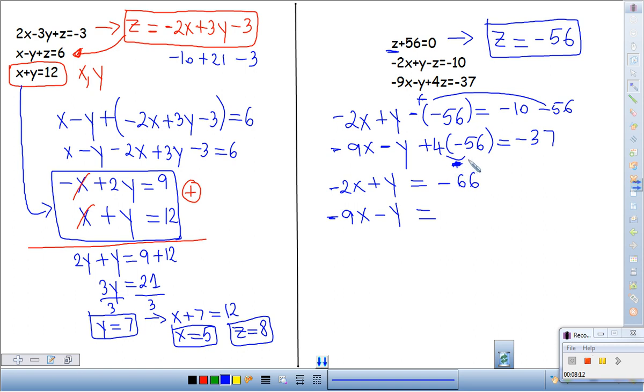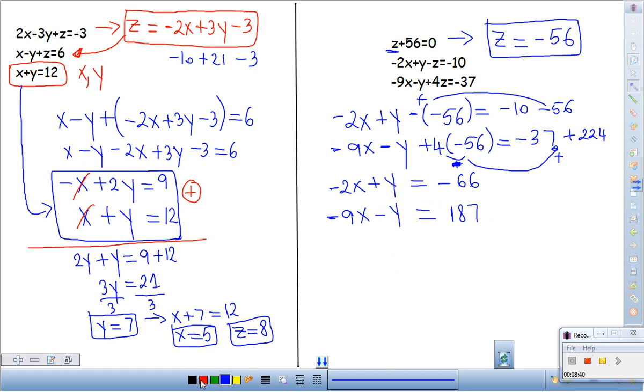However, when we move it to the other side, it becomes a positive. 4 times 56 is 224, so I know I'm going to have a positive 224 on the other side, and 224 minus 37 equals positive 187.